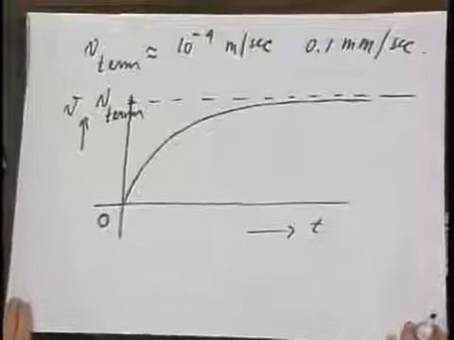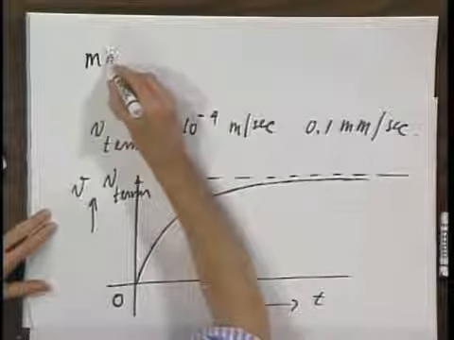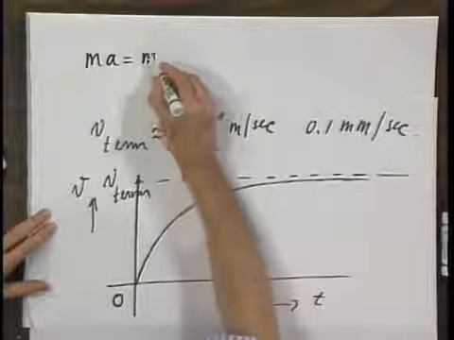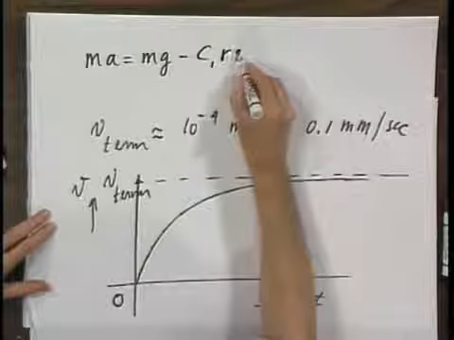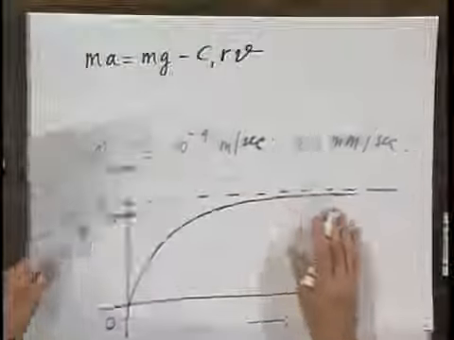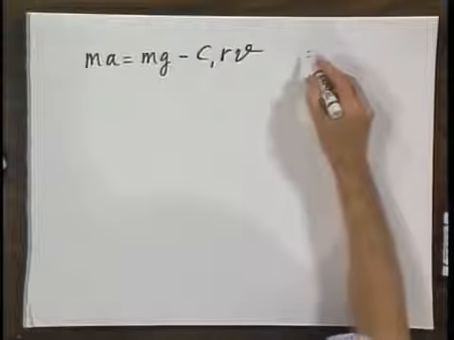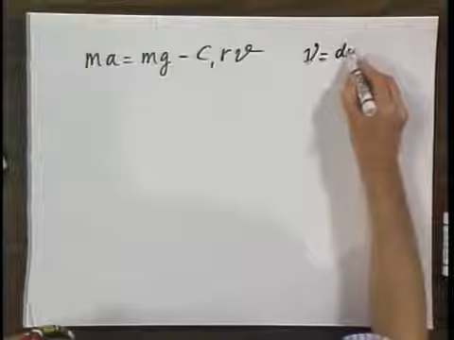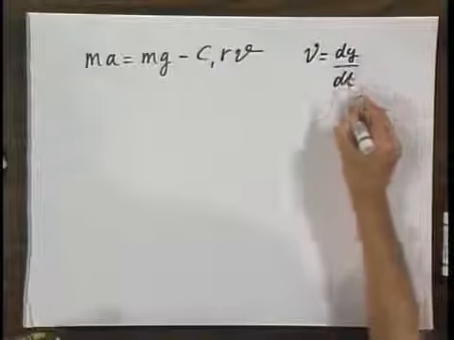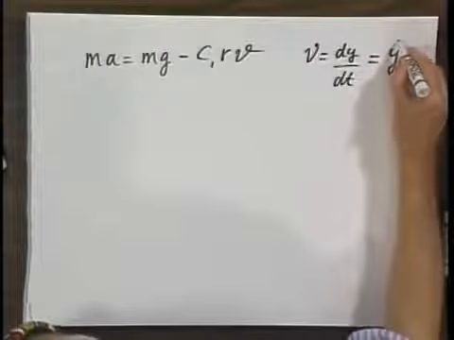In other words, I have to evaluate the equation ma equals mg minus C1r times v. And I'm going to write down for v, which is dy/dt, I call this the y direction, the shorthand notation y dot.